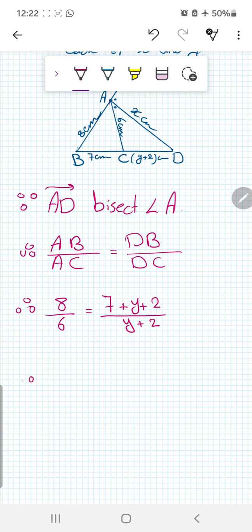Simplify: 8 over 6 becomes 4 over 3, equals 7 plus 2, which is 9, so Y plus 9 over Y plus 2.